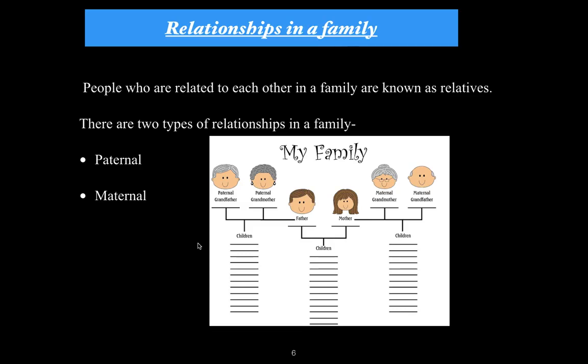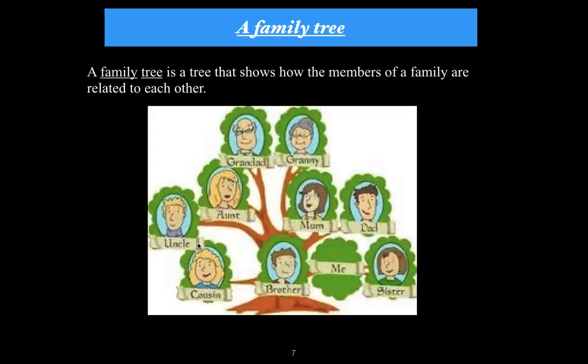Now we'll look what it means. Our father's parents are our paternal grandparents and our mother's parents are our maternal grandparents, as you can see in the picture. Now we are the grandchildren of our grandparents, right?